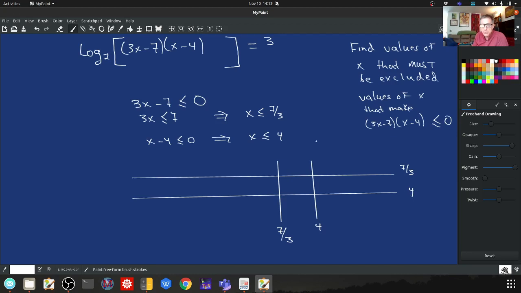And what I want to do is shade values of x that are less than or equal to 0. So x less than or equal to 4 makes x minus 4 less than or equal to 0. And values of x less than or equal to 7/3 make 3x minus 7 less than or equal to 0.